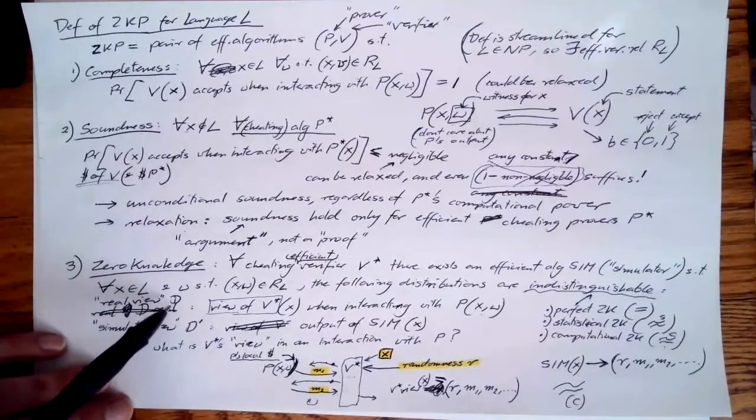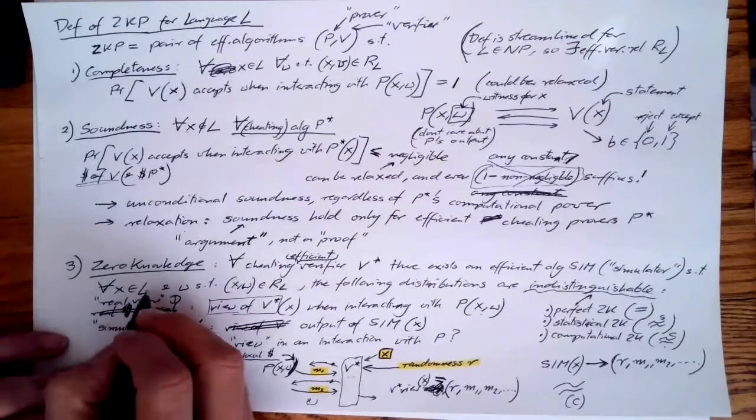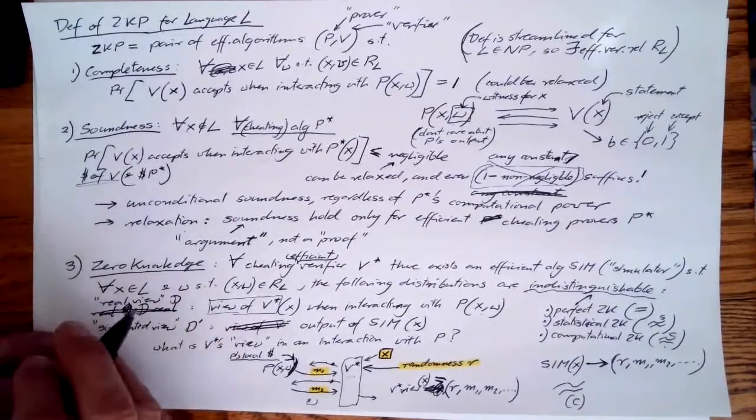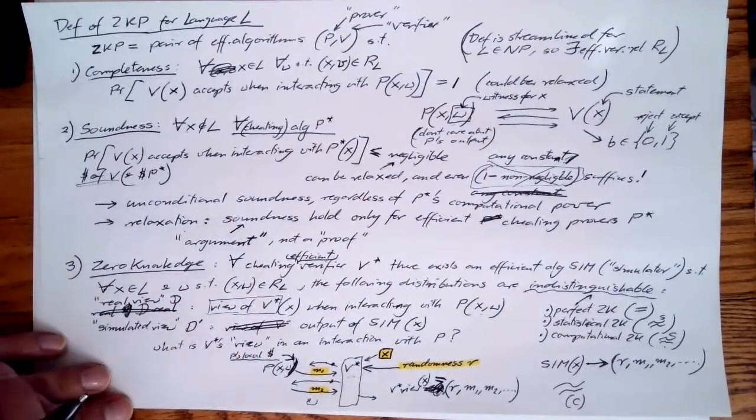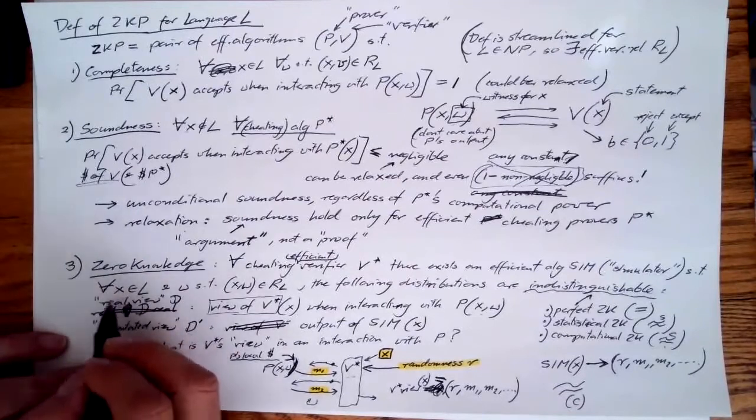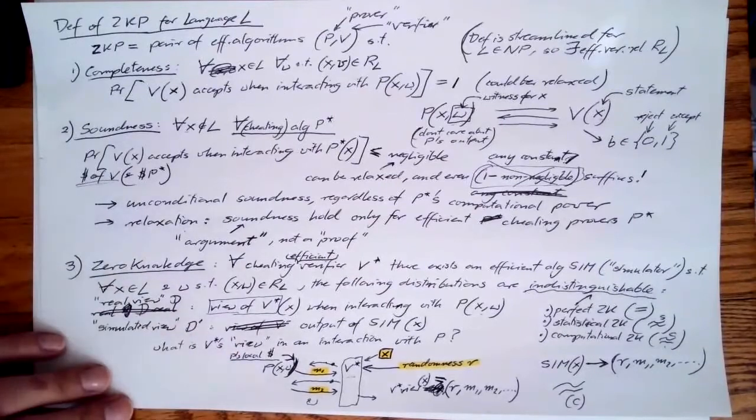And then the real view is really a view family. For every k, you have to restrict x for a certain length, and then go worst case over x for that length.